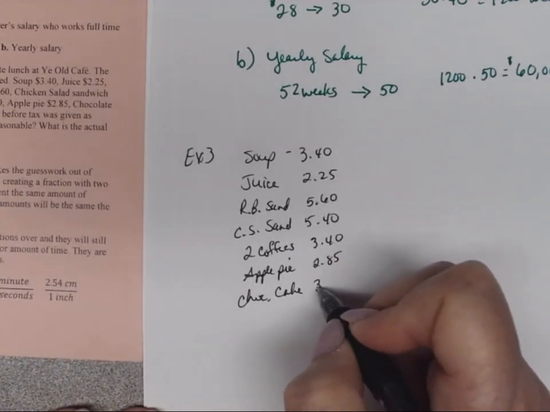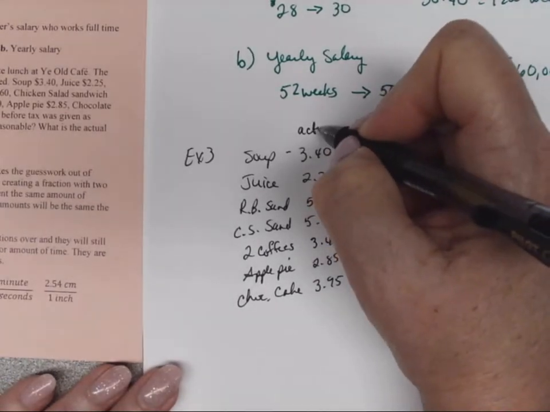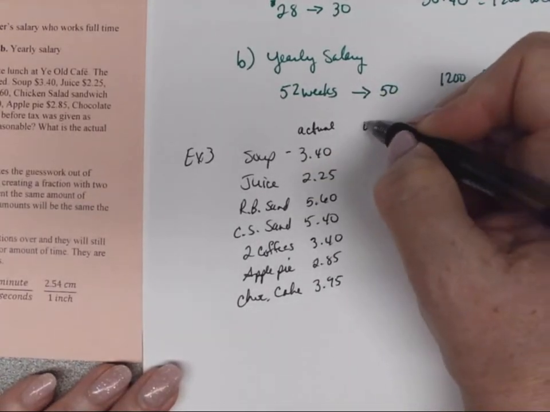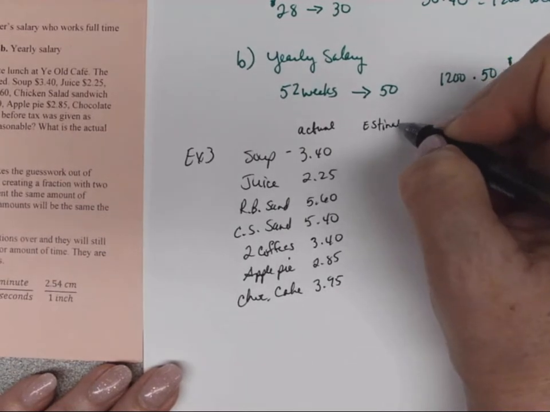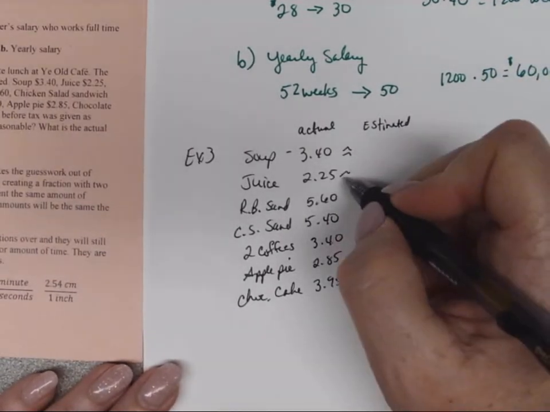And the chocolate cake was $3.95. So remember, this is the actual, and we are going to do the estimated cost. So approximately is what we're looking for.